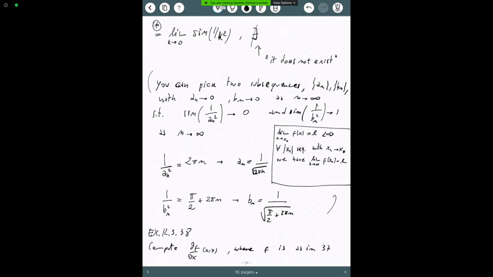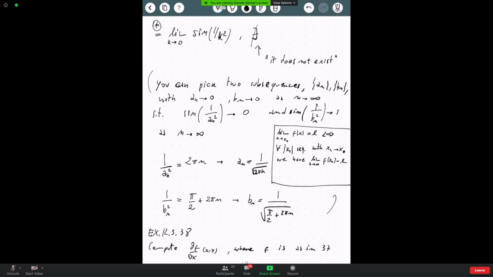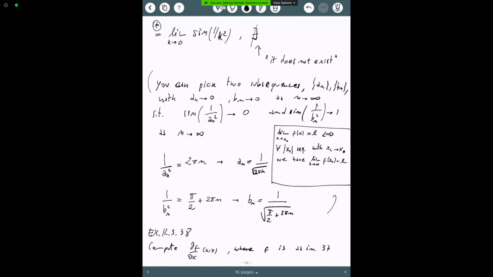And the same thing for the other one. It's 2 pi periodic. So this is how I choose them.